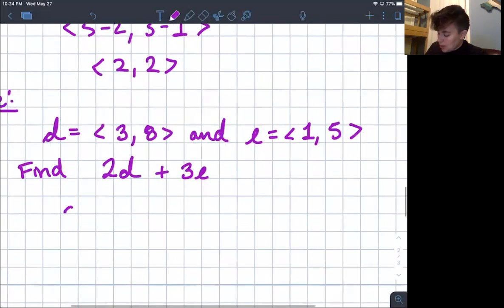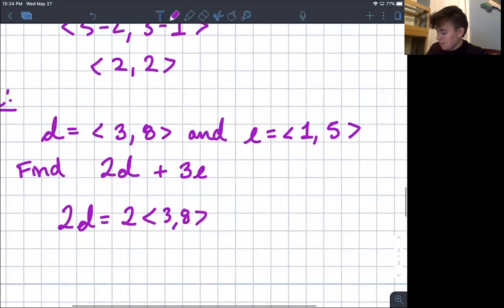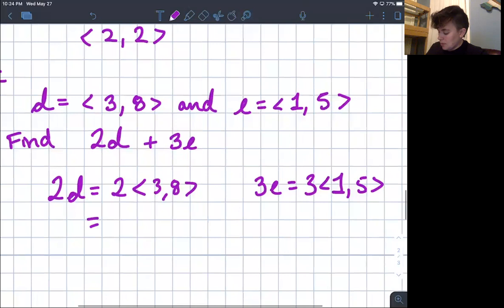So we're going to do 2D equals 2 times 3 comma 8, and 3E equals 3 times 1 comma 5. So we've got 6 comma 16 and then we've got 3 comma 15.